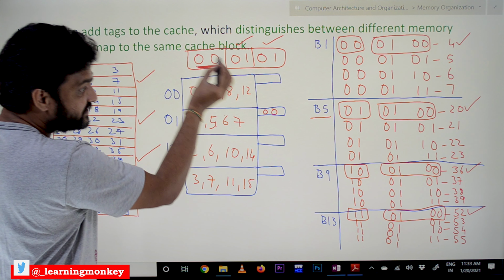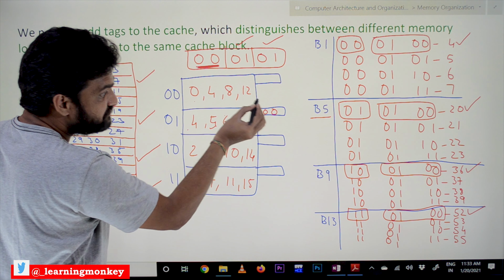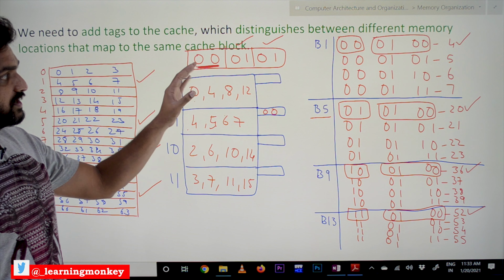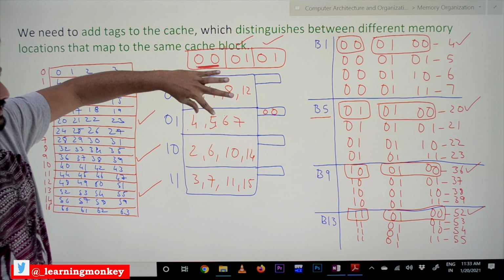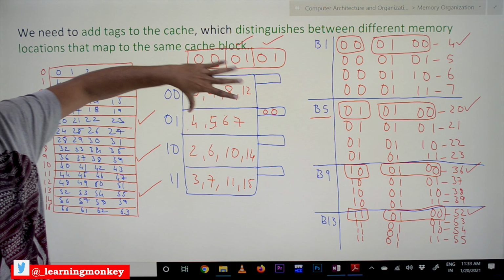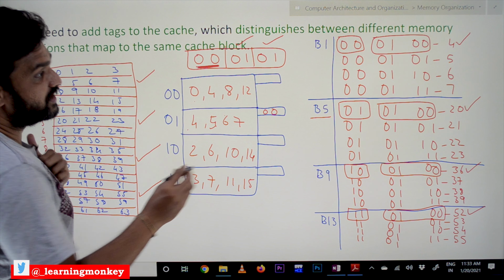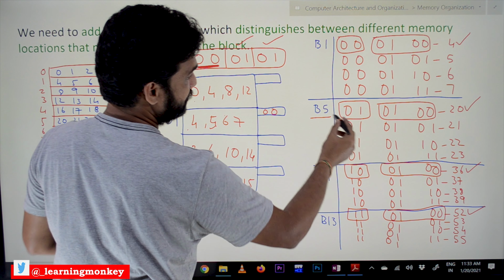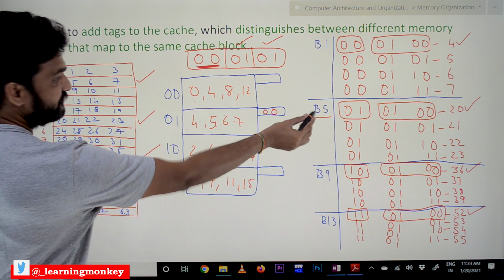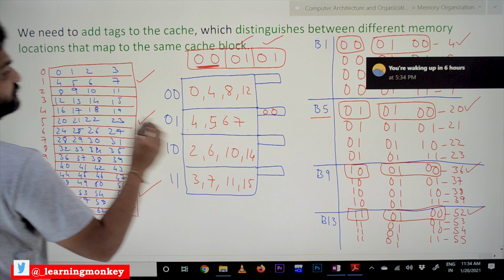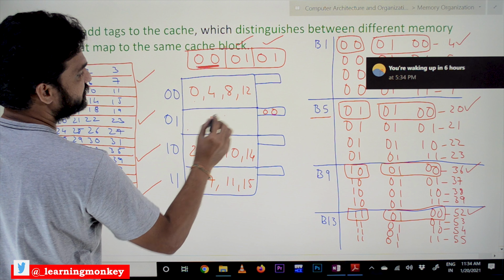So if the tag number matches, it means that this particular word is there in this line. For example, if we have block 5, what are the words that we have in block 5?